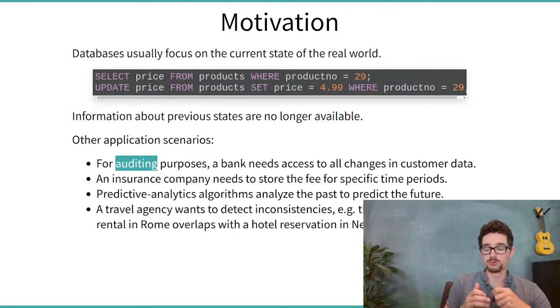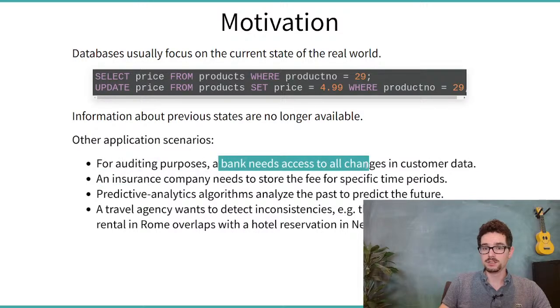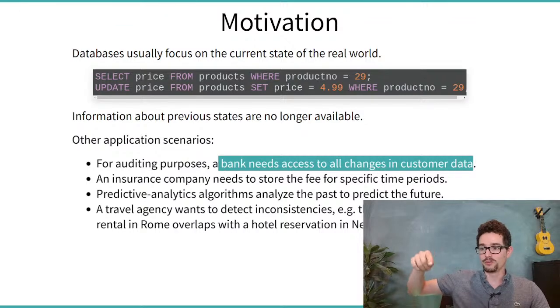So it helps understanding the data and understanding why something happened. So the bank needs access to all changes in customer data. The bank needs to know your old address and your former address before that change and so on, and changes in names, changes in some other customer data.